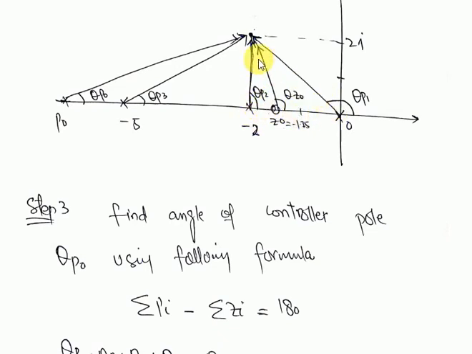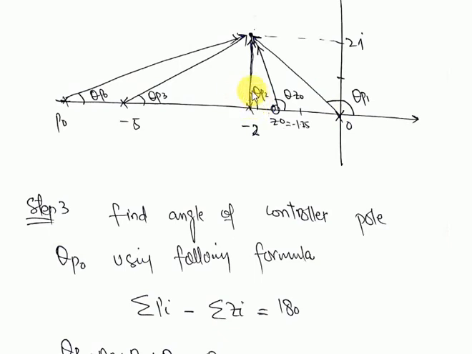दिस ट्रायंगल, this perpendicular is of magnitude 2, this axis is also 2. So what is tan theta p2?